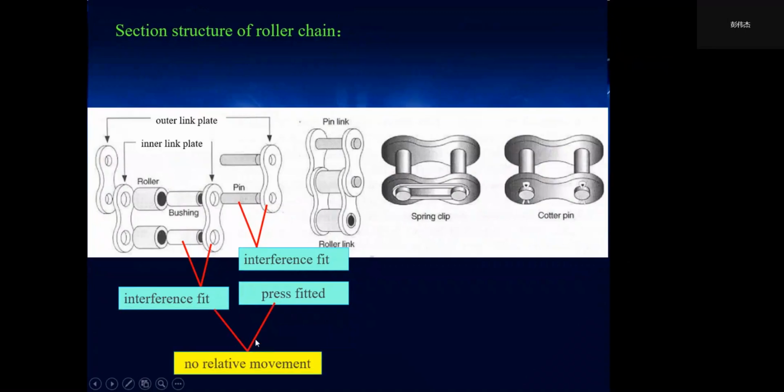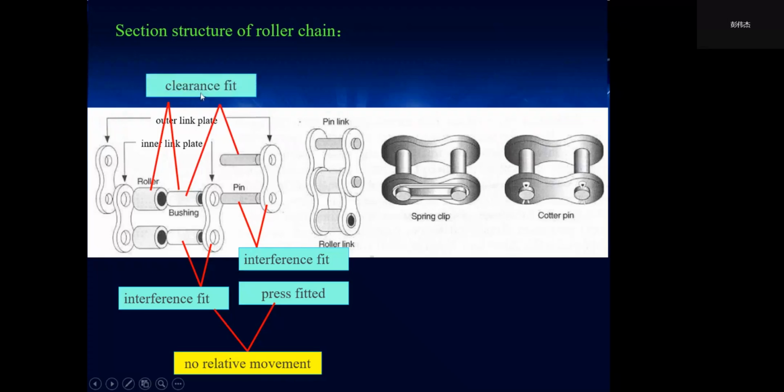So there is no relative movement between them. And there is a clearance fit between roller and bushing, and pin and bushing.